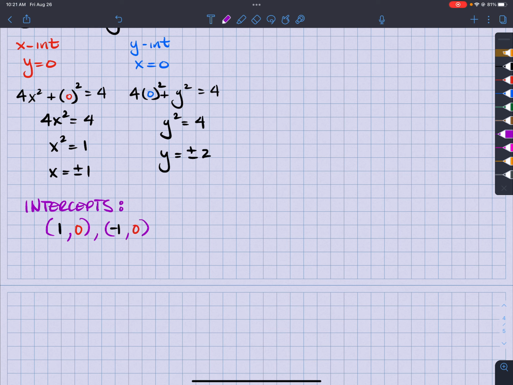And then we have the other two. I said x is 0, y is positive, negative 2. So I got 0 for the x, and my y is going to be a positive 2 and a negative 2. So those are my intercepts.